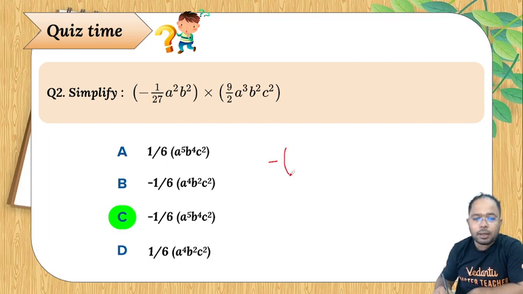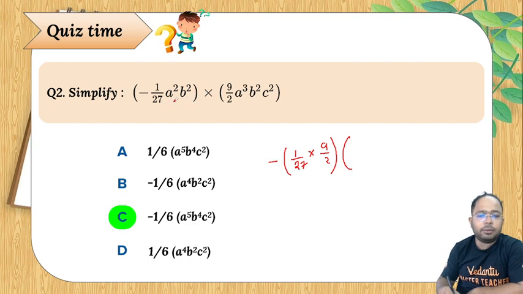Now comes 1 by 27. That's the constant multiplied with the other constant. And then we have the variables. a square is there, and we'll look for a. So a square and a cube is there, so a to the power 2 plus 3.